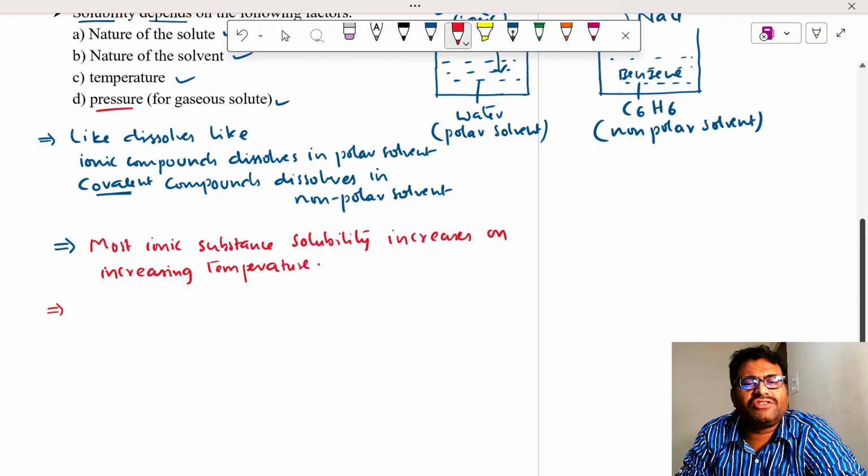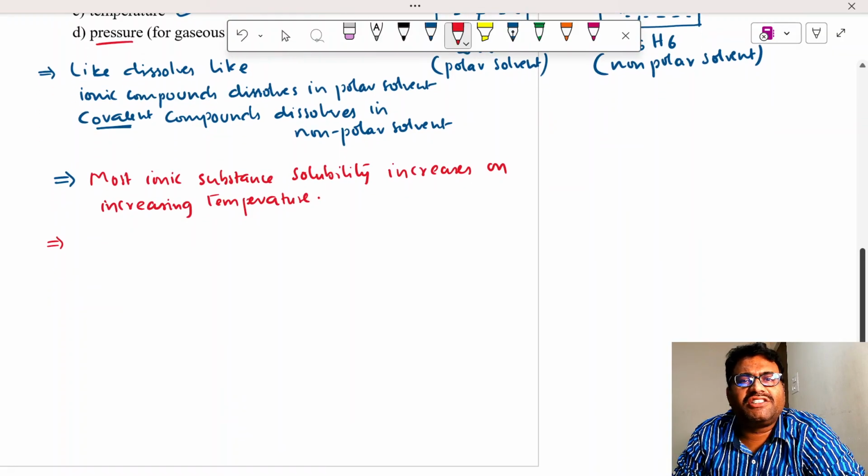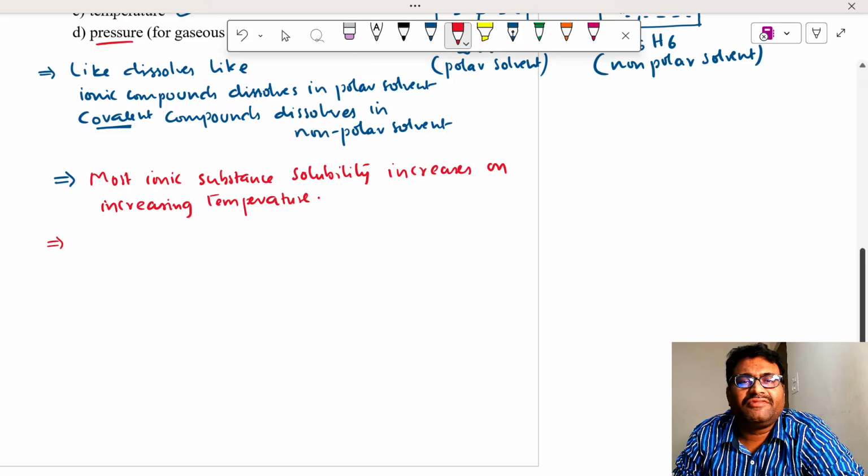Next, pressure. For gaseous solute, if you increase the pressure, see, when you observe making of soda water, carbon dioxide is sent into water with high pressure. When you remove pressure over the water, you find dissolved carbon dioxide comes out in the form of bubbles.